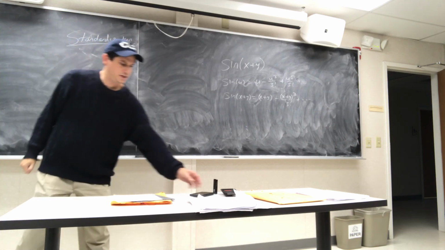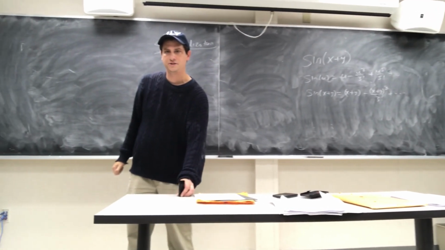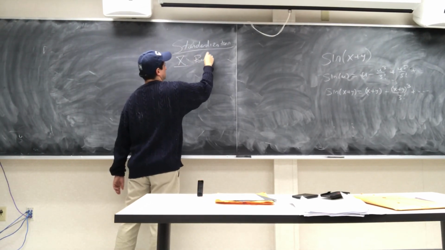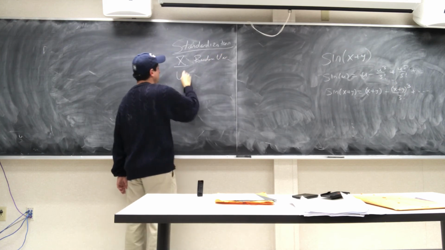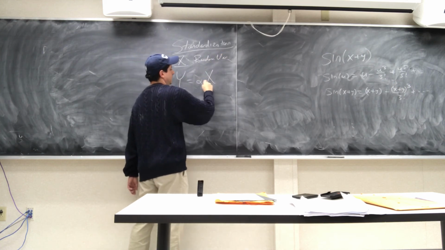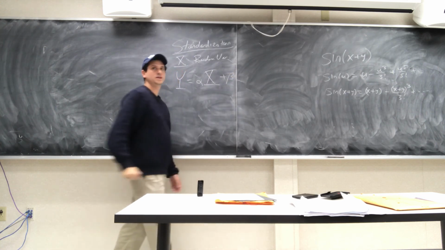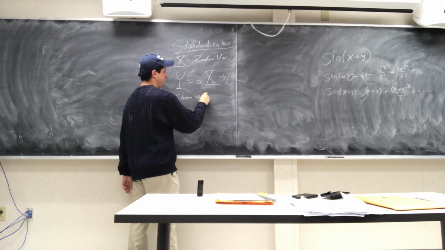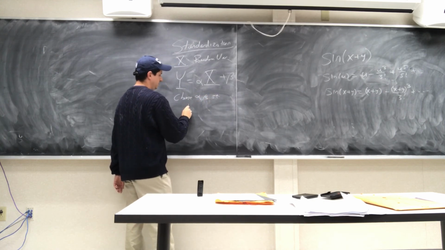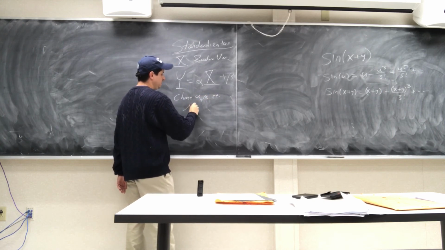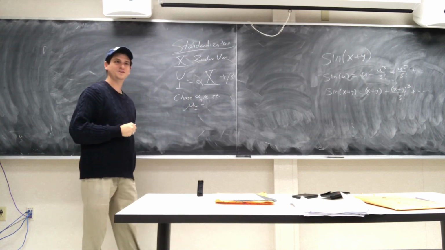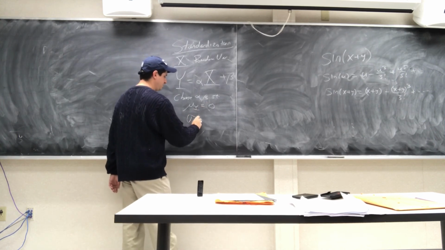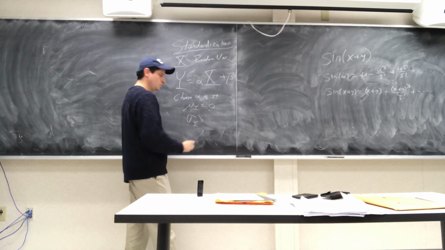What this means is I'm going to give you some random variable X. And frequently we'll study Y equals alpha X plus beta, and we'll choose alpha and beta so that the mean of Y is 0, and the standard deviation of Y is 1.